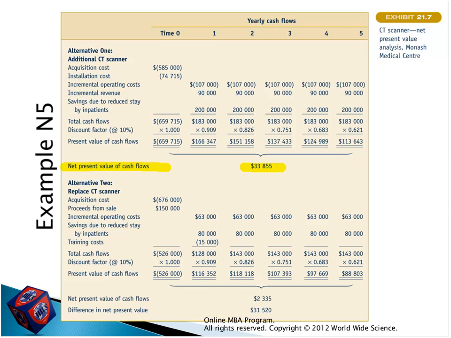And the net present value of the cash flows of the second project counts with 31,520.